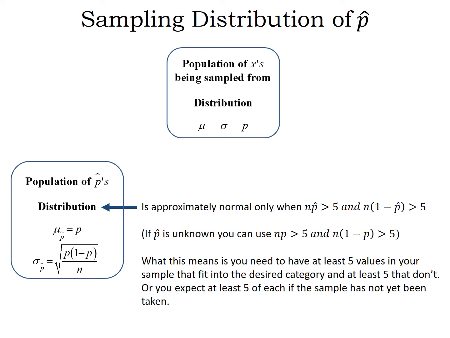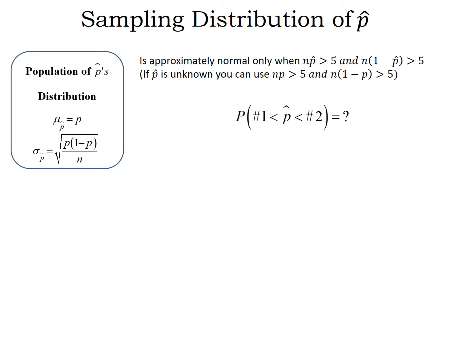If we're rolling the die and we're interested in getting a 3, we need at least 5 threes and at least 5 rolls that aren't 3. Or at least we need to expect that based on the sample size and the actual probability of the event happening. Under these conditions, we can find the probability that p hat is bigger, smaller, or between two numbers. So let's look at this in general.